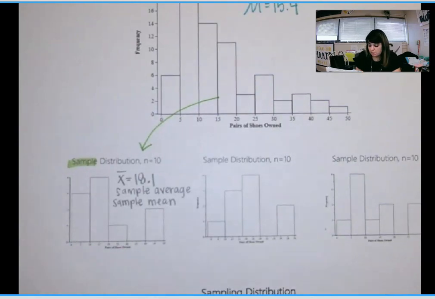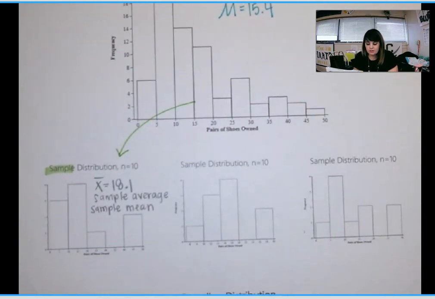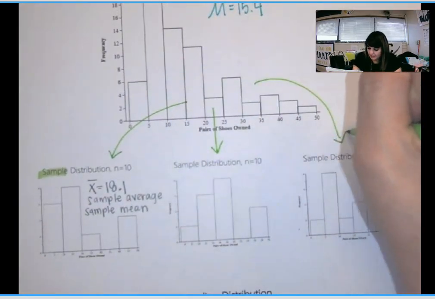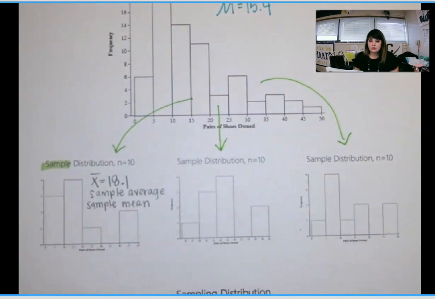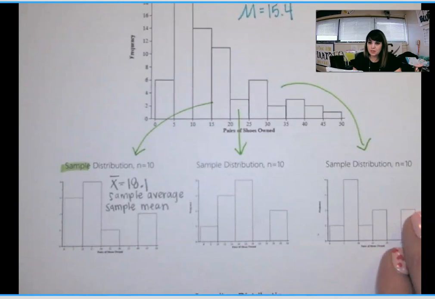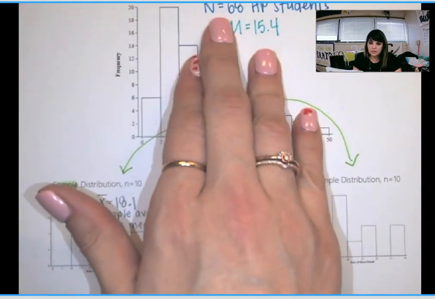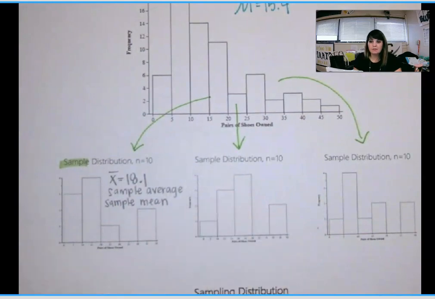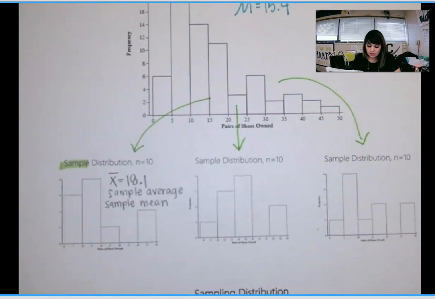Well, maybe we want to take another sample of 10 students. So we have a sample here and a sample here. These three separate samples come from this population, and they're each different samples. They have a different set of 10 kids.